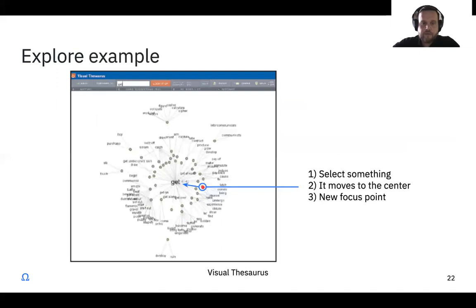You select something, you move it to the center by the selection, and this will show relationships of the newly selected word to all the others. So you're kind of navigating the collection in this way. It's a nice example of Explore, and a classic one at that. And this is on a nice text data set, so that we also have some data variety in our examples.